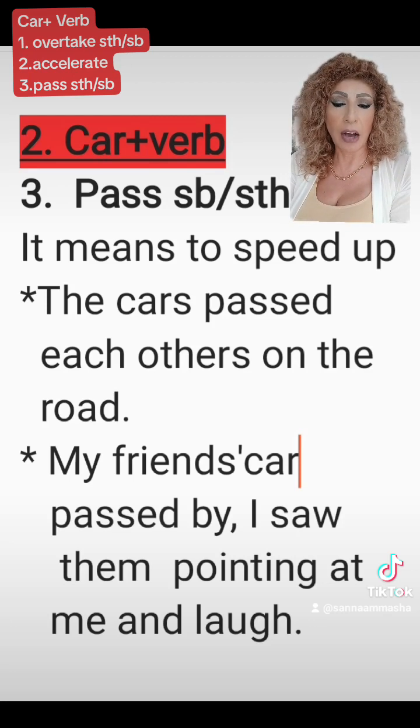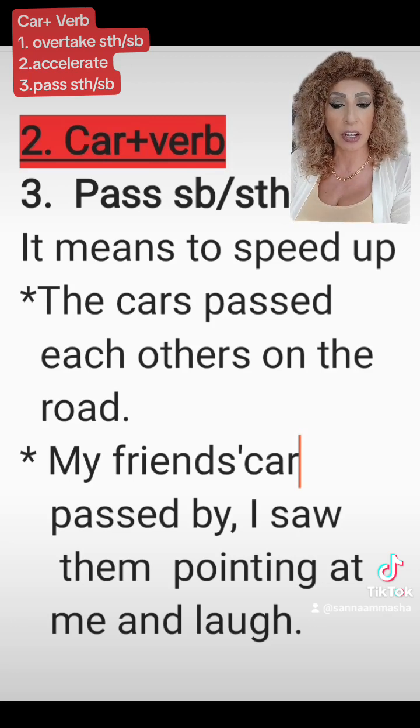So we have two clauses here. My friend's car passed by is the first clause, and I saw them pointing at me and laughed is the second clause. My friend's car is the subject, passed is the verb, and by me is the object, but we don't mention it here, and me refers to people.